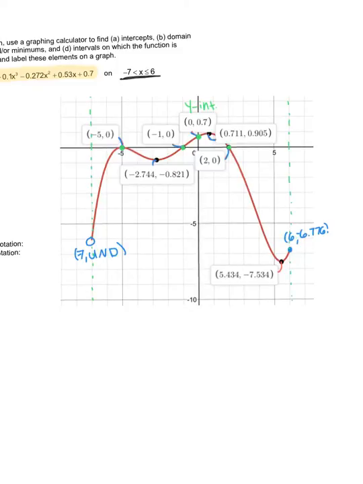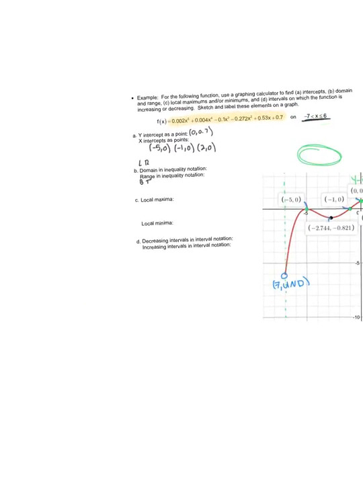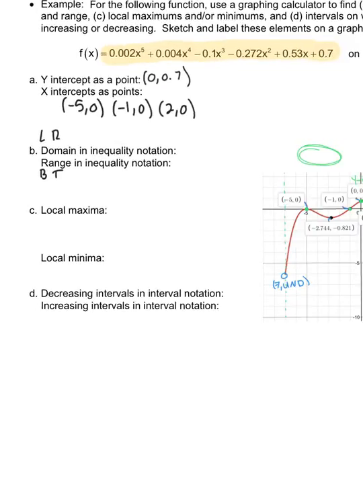And if you look at the expression that's up here, it's kind of already given you the answer. That's your domain. It goes from -7 to +6, but since there's an open circle there at -7, I'm not going to use the line underneath my inequality symbol because I don't actually touch that point.